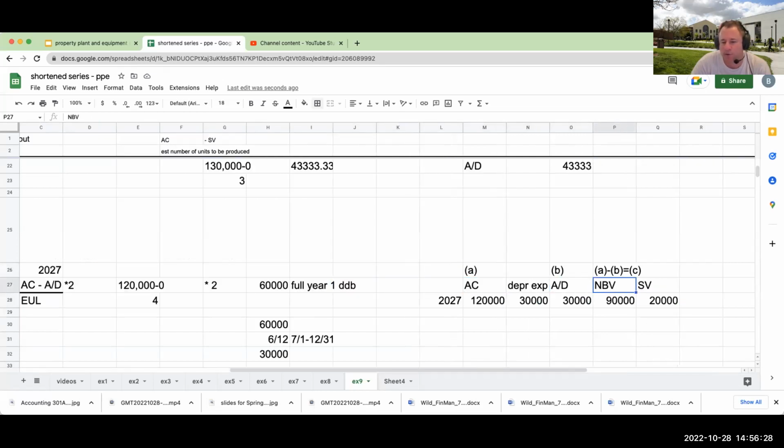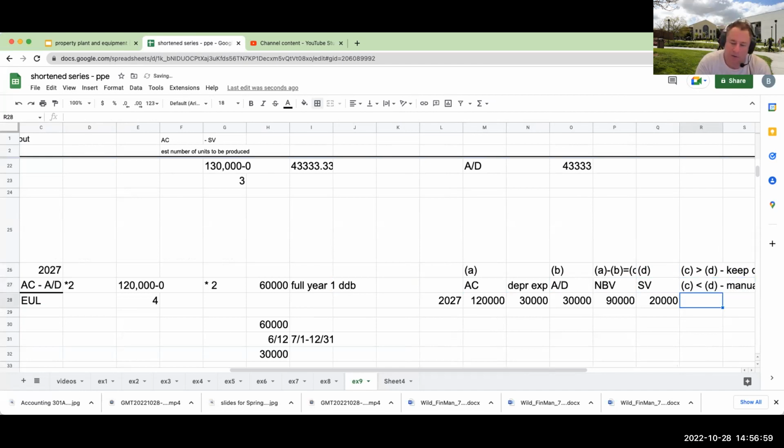And so my rule over here is, if the net book value, C, is greater than D, which is the salvage value, keep depreciating. If C is less than D, we will have to manually determine depreciation.